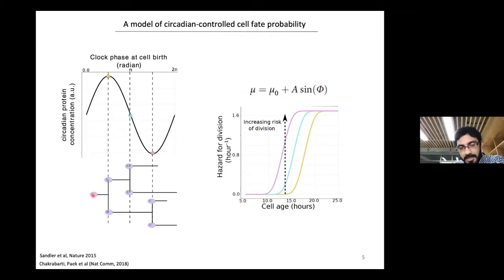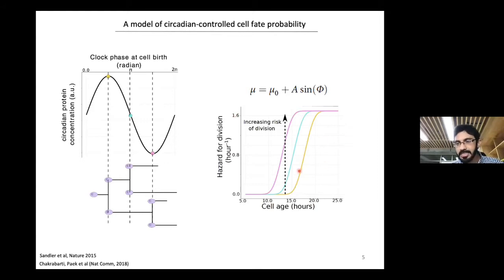But the mother-daughter correlations will be set completely by the average cell division time, right? So it'll depend on how long these cell division times are. Depending on that time, the mothers and the daughters could be born at very different phases of the circadian clock, and hence their correlations could essentially be zero.